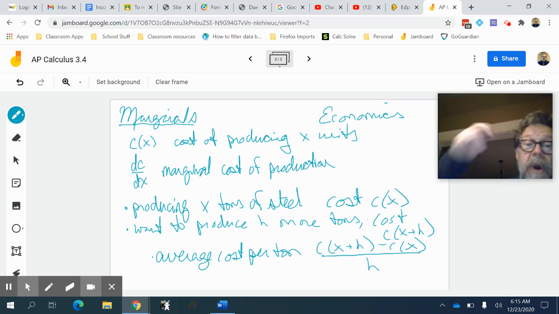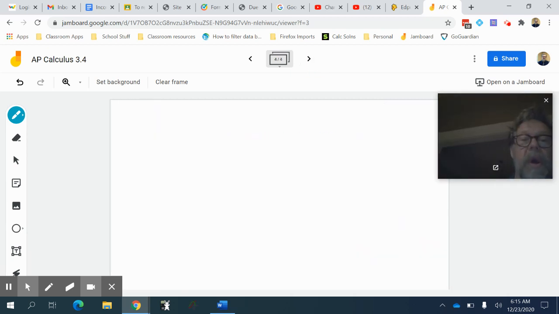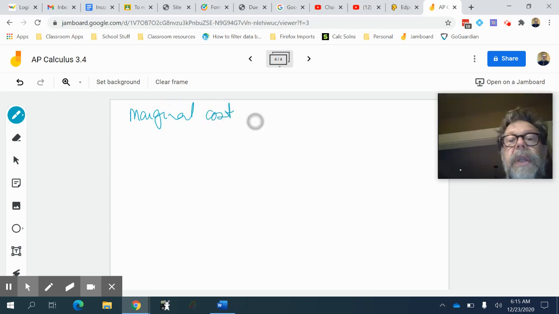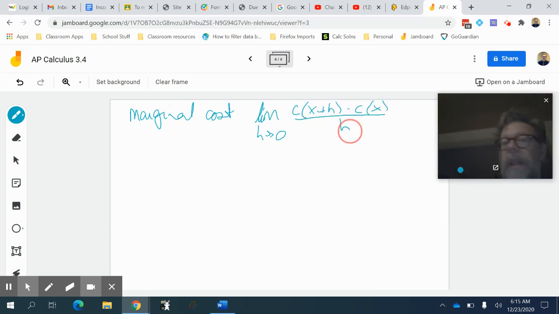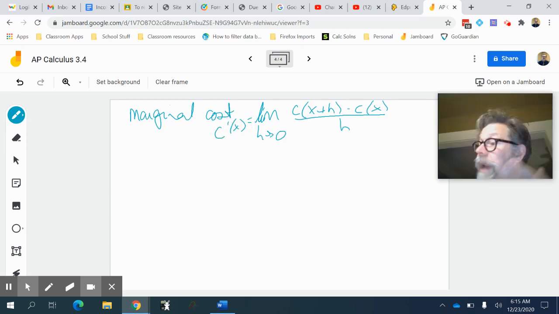Okay, so fair enough. The marginal cost is the limit as that tonnage increase goes to zero. So what if I just want to produce just a little tiny bit more? And so this is the rate of change of my cost.